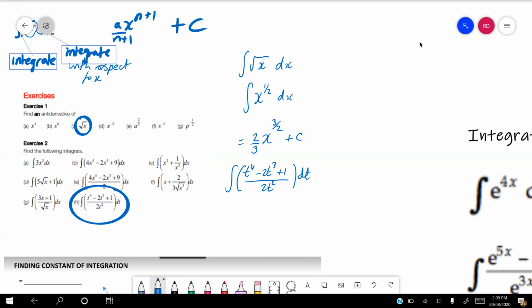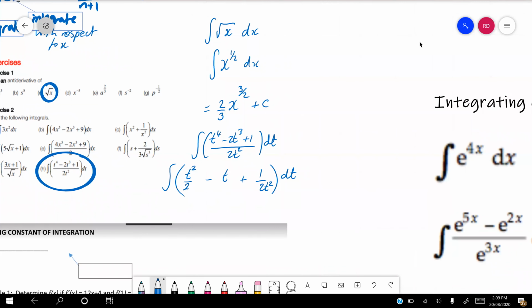That's my first step. So I'm going to go t to the power of 4 over 2t squared, so it's t squared over 2. And then t cubed over t squared becomes t, and the 2's cancel out, plus 1 over 2t squared. So the first step is to split them up into individual terms.